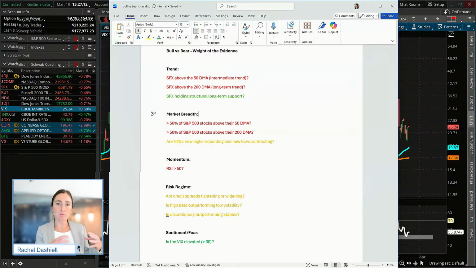When we're in that bullish environment, typically we can buy pullbacks on the trend. We can trade breakout continuations. Those types of environments favor high beta trades, aggressive growth trades, and allow trades some room to develop there.